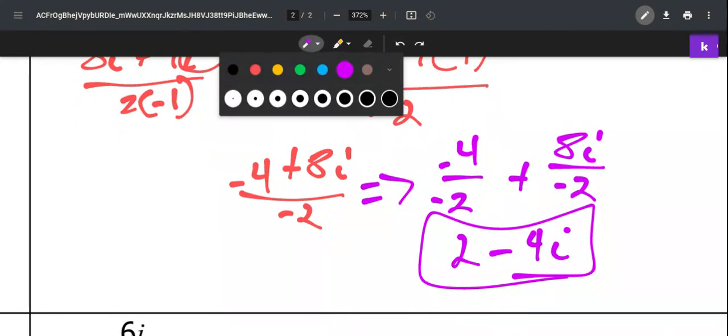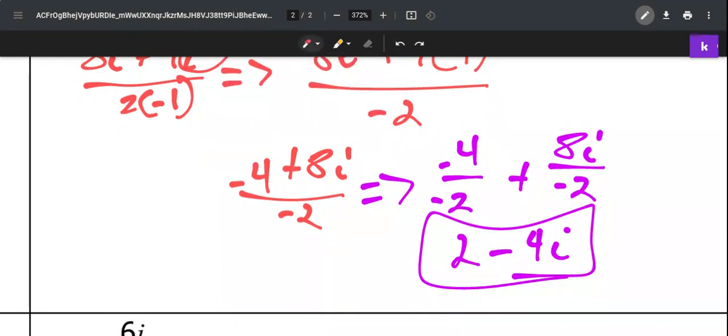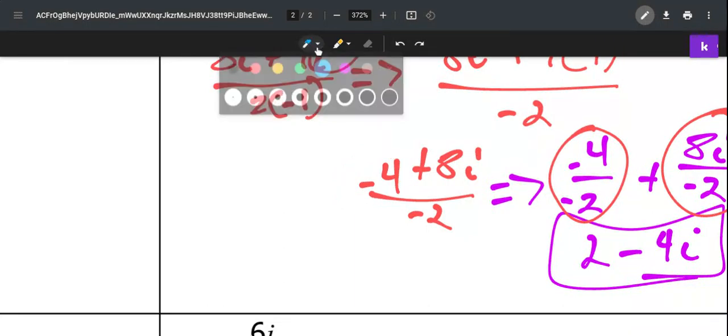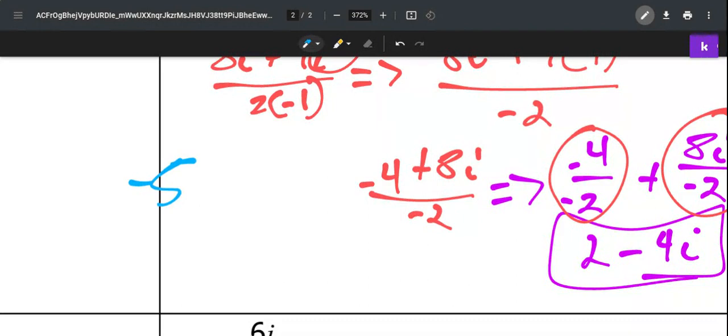When you split it up, if both of these fractions will divide, then you can go ahead and divide those. But I'll show you an instance where it won't divide, which a lot of them should divide. But let's say for some reason, instead of a negative 4 here, I'm going to change it real quick, and let's say we had negative 5 there.